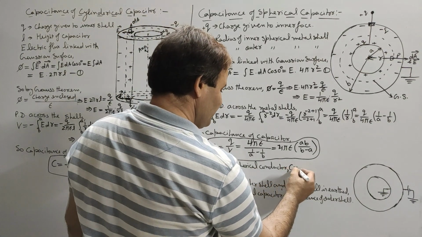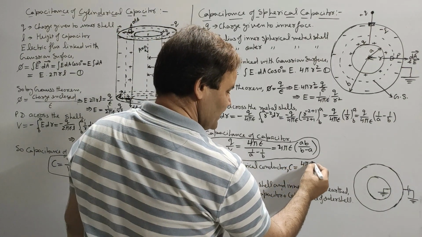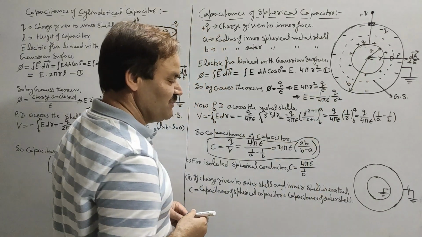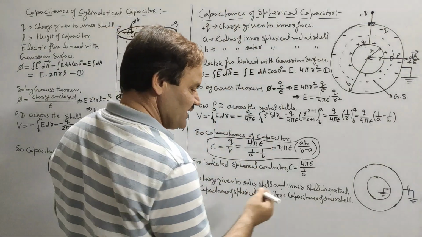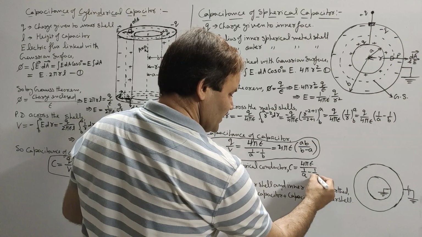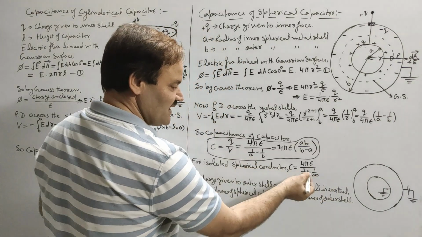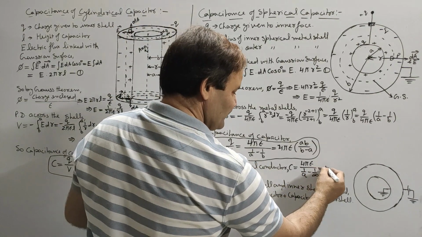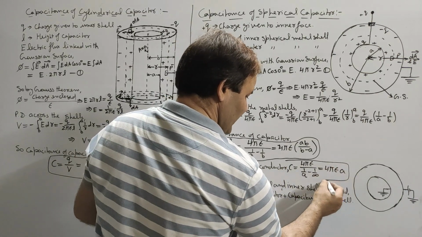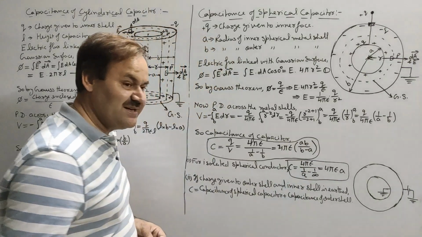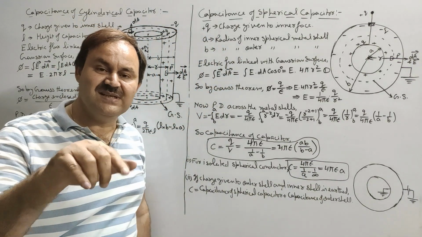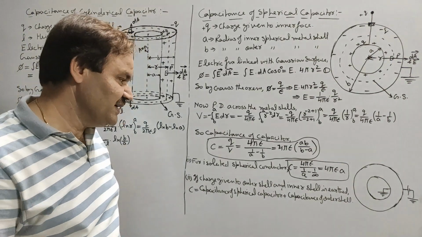So C will be 4 pi epsilon upon 1 upon A, inner shell is there, but outer shell is at infinity. So radius of outer shell will be infinite, so 1 upon infinite. B will be replaced by infinite, and you will get 4 pi epsilon into A, and it proves that a spherical conductor can be assumed to be a spherical capacitor with its second plate at infinity.